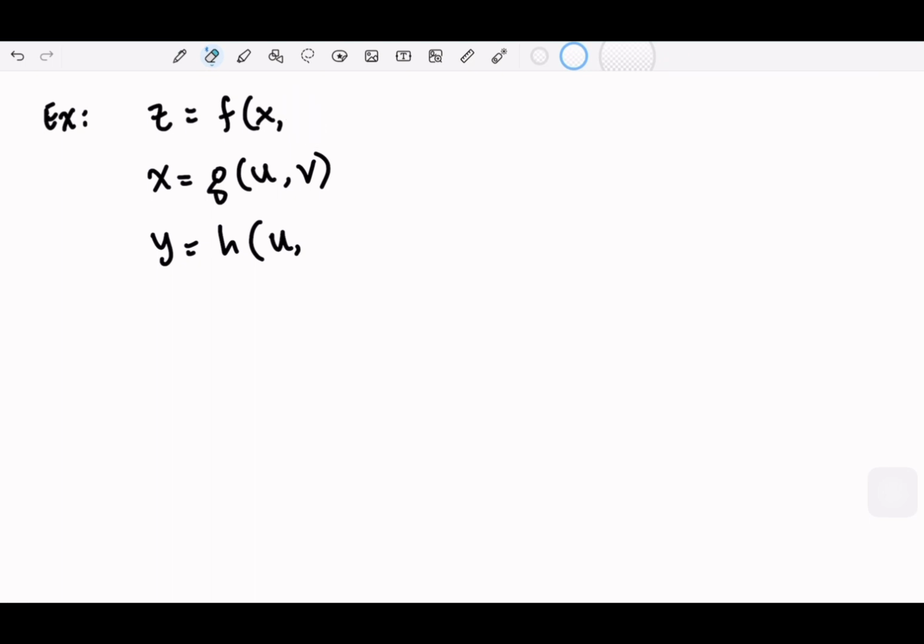How about this is 3, and this will be, let me write with r, s, t.